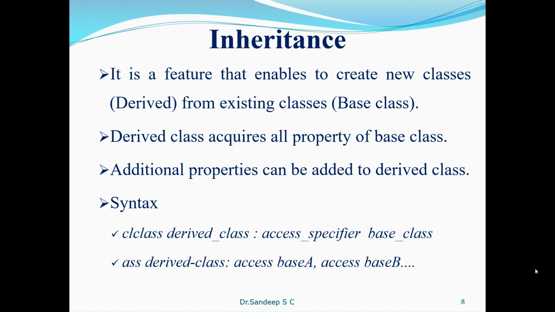Along with that, I will add some power windows, central locking system, some additional features. That becomes a derived class, wherein I am adding some additional features. So we can develop a new class using existing classes. So how do we derive it? You write the class keyword, the derived class name, and then the access specifier and base class. Anyway, we will see these things again in detail.